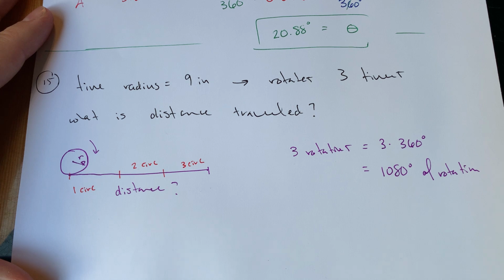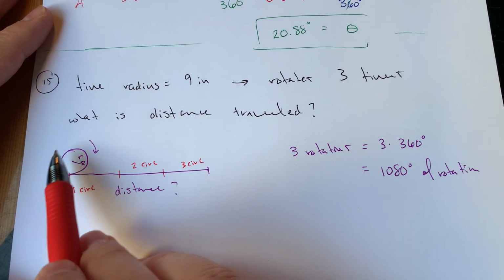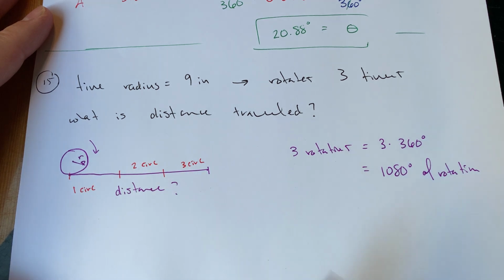So as that thing rotates, if you've ever seen anybody painting the lines on the road using a little roller, right? If we imagine the tire covered in paint and we rolled it, 1 rotation is going to paint a line where the length of the line is the same distance as the circumference around the edge of the tire.